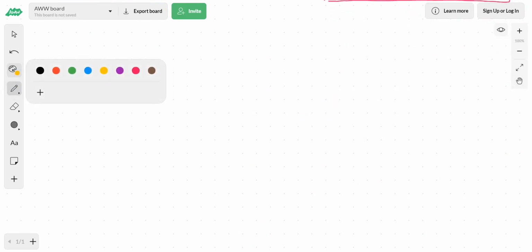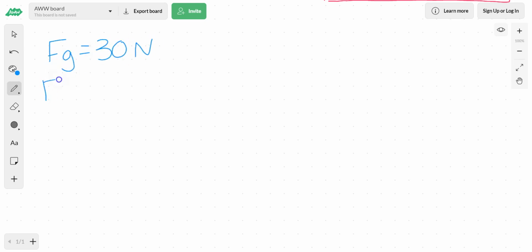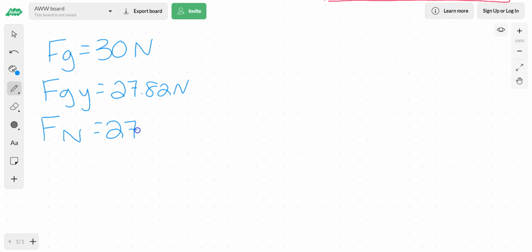So we know, based on the previous calculations, that the force of gravity is 30 newtons, FGY is 27.82 newtons, force normal is 27.82 newtons, FGX is 11.24.